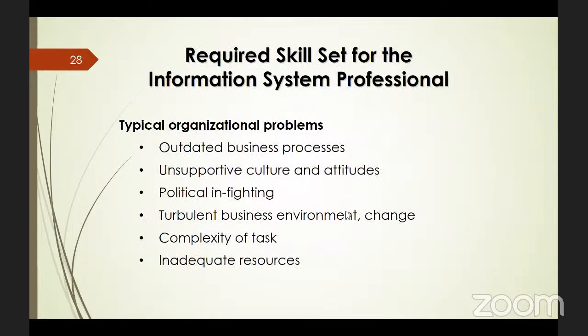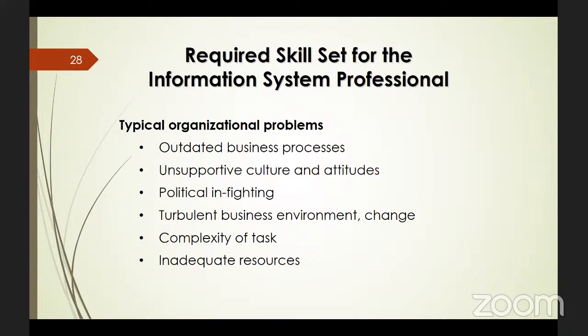So typical organization problems are outdated business processes, unsupported culture and attitudes, as in the people don't like that somebody decided to put in place an information system. By political infighting, we don't mean that there is party politics. It means that people don't get along, and they sometimes even form informal tribes within an organization. It just doesn't work.